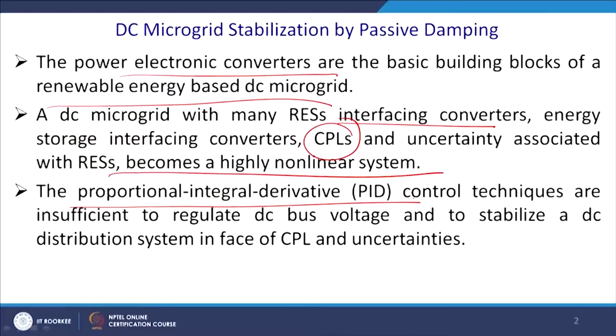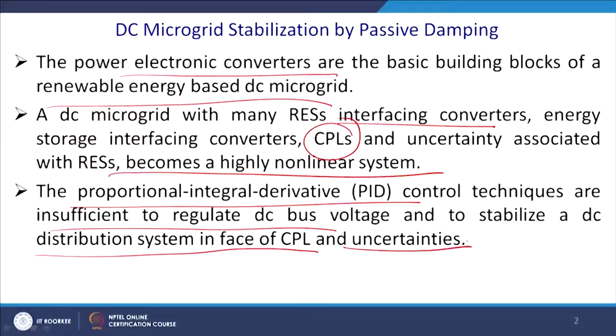But the proportional integral derivative controller techniques, generally applied on the linear model, are insufficient to regulate the DC bus voltage, because the system is highly nonlinear, and with the average model the PID controller does not give satisfactory results.